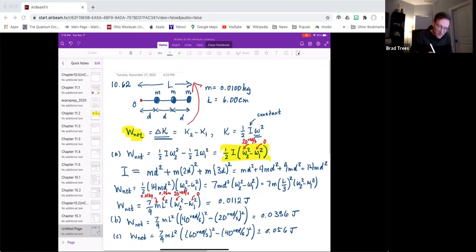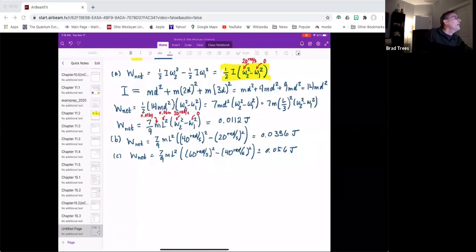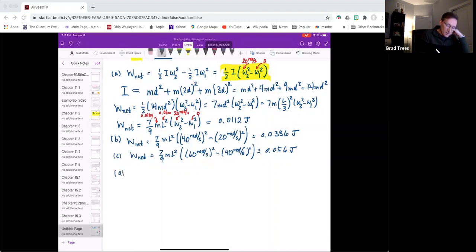And the last question they asked me is, what is the slope of a plot of the assembly's kinetic energy in joules versus the square of its rotation rate? Well, that's the formula I had right up above. The kinetic energy is 1/2 I omega squared.